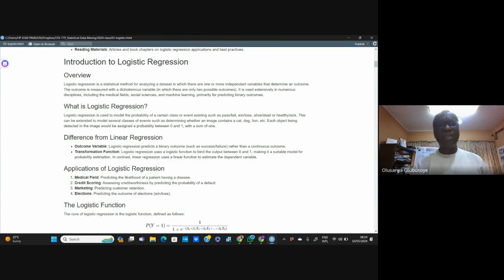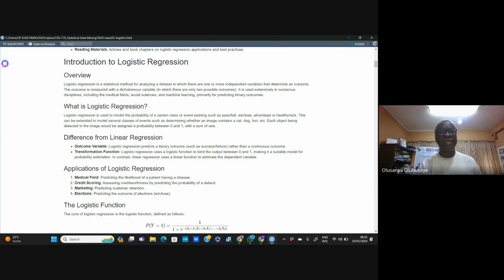So that's one major difference. Like I said, the probability must lie between 0 and 1. Logistic regression calculates this probability, and it tells you the likelihood of one out of the two possible levels occurring.